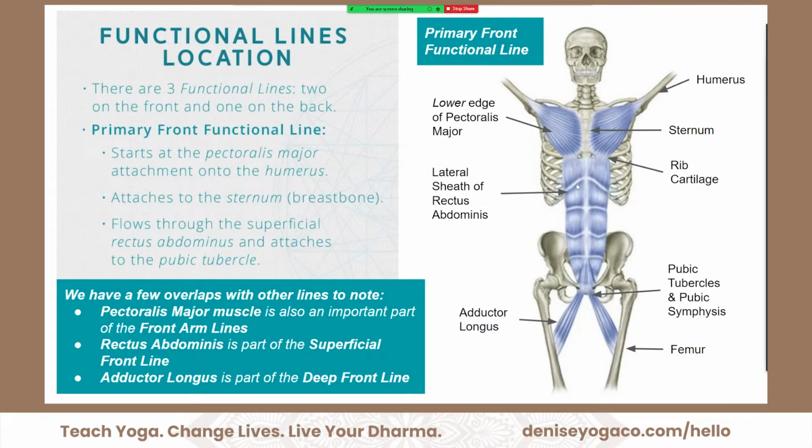Chiclets of muscle within fascia. And that's exactly what it's like. It's like a sheath of fascia with some pockets of muscle. So, continuing on with the front functional line, it goes down right to the pubic bone. And I think we've seen this pubic bone and rectus abdominis right before.